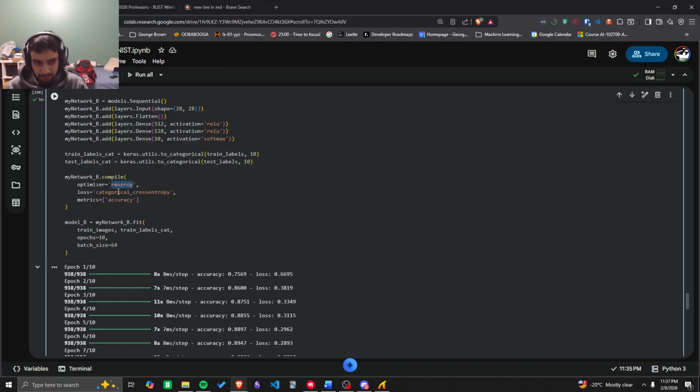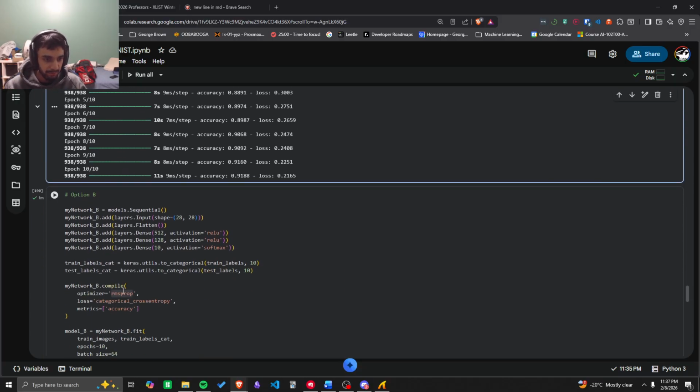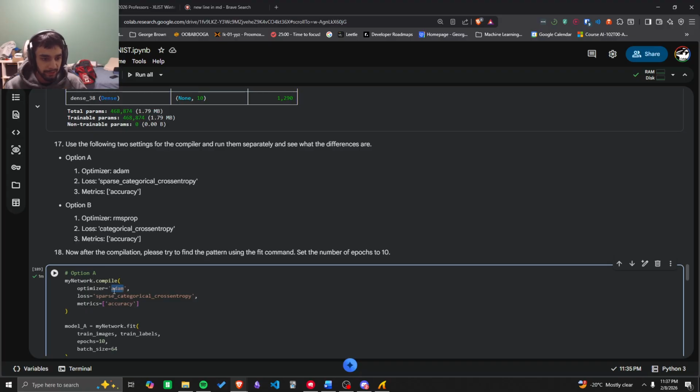RMSprop, essentially what it does, it adapts the learning rate. If we're going steeply down the slope, it might take bigger steps or smaller steps, and it just adjusts accordingly, looking back at the previous learning rates. How Adam differs is that Adam does the same stuff as RMSprop, but it also looks at the momentum it's going at.